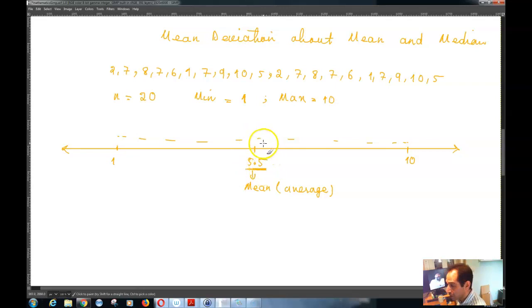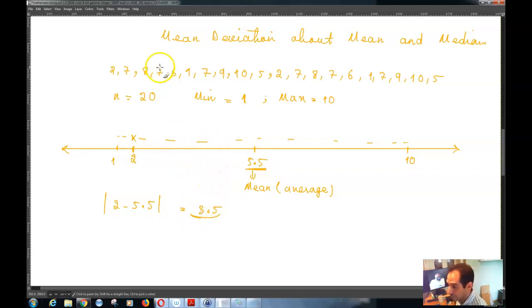And once I have the mean of the data, I'm going to take each of these observations and calculate its distance from the mean. For example, this observation is 2. So 2 minus 5.5, if I take the absolute value of that, is 3.5. That means the distance of this observation from the mean is 3.5 units.